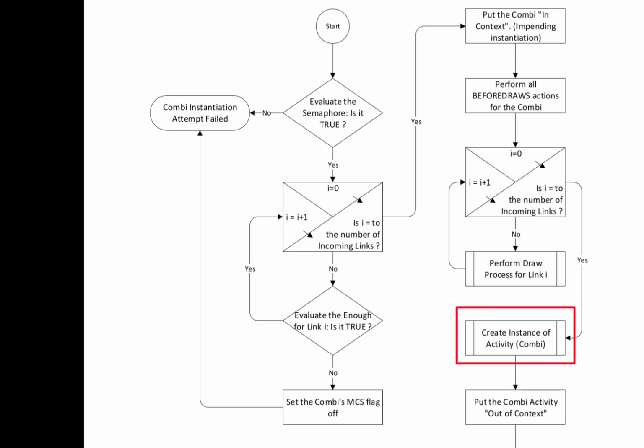After that, Stroboscope completes the process by which it creates an instance of a Combi activity. At the completion of that process, the Combi activity is put out of context.